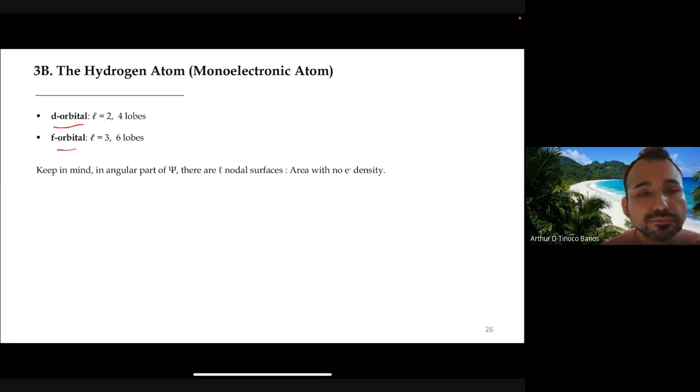The d orbital has 4 lobes and a value of L of 2, and so it has a total of 2 angular nodes, or nodal planes, nodal surfaces. The f orbital, 6 lobes, has a value of L equals 3 and has a corresponding number of angular nodes of 3. Just to emphasize that relationship between the value of L and the number of nodal surfaces.